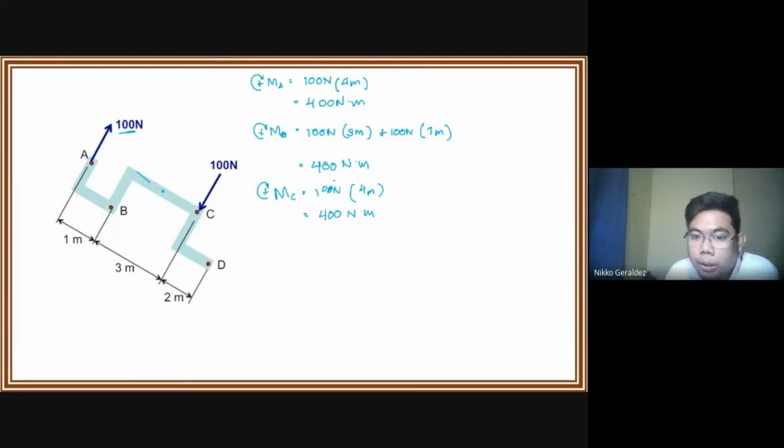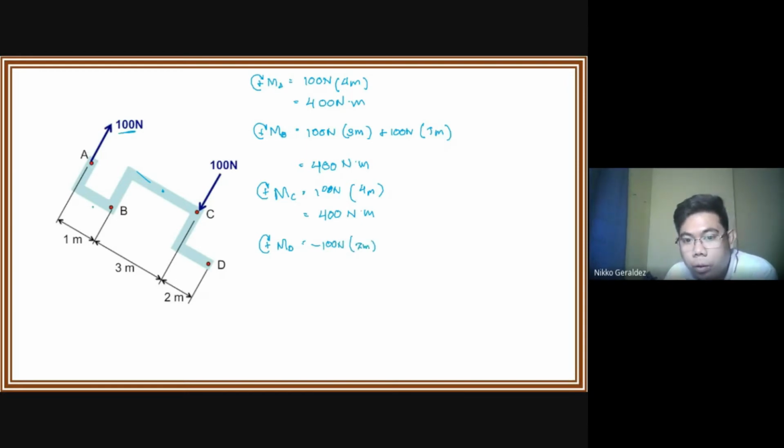Then lastly, at point D. Clockwise is positive. This 100 Newton is counterclockwise, so that is negative 100 Newton times 2 meters.